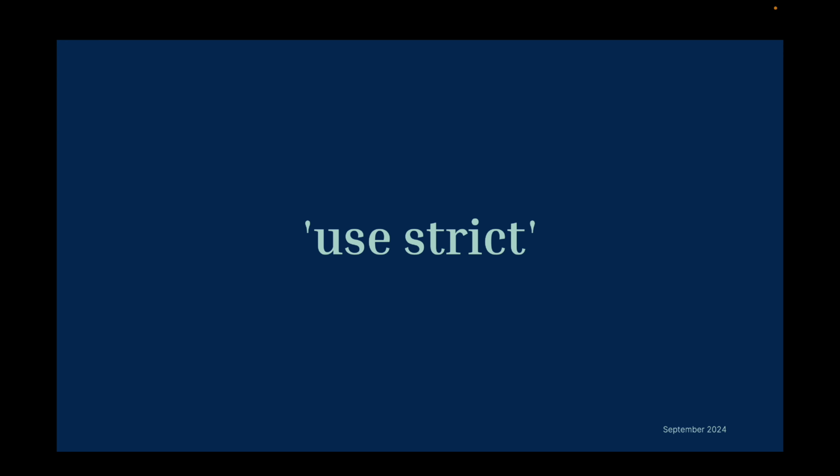Strict mode was introduced in ECMAScript 5, or ES5, and it enforces stricter rules on how you write your code and how it runs. It helps catch mistakes early that would otherwise go unnoticed, which makes your code cleaner and easier to debug.